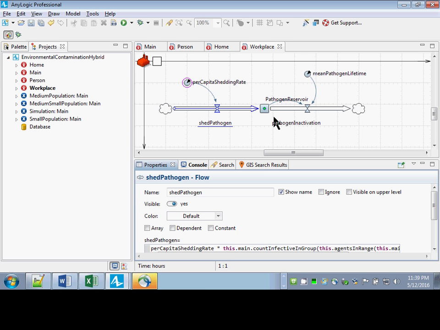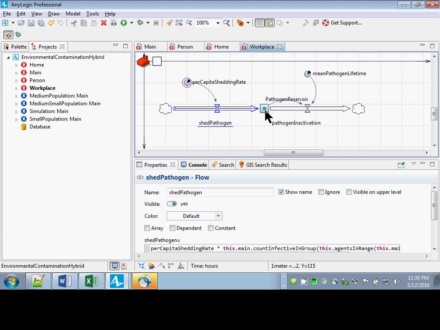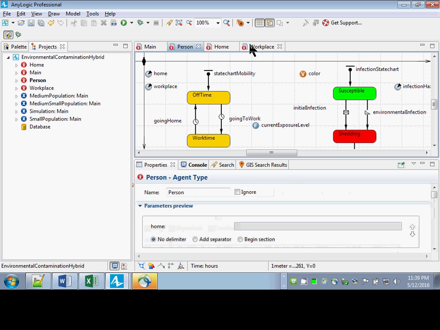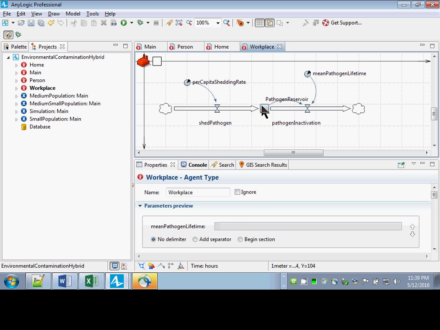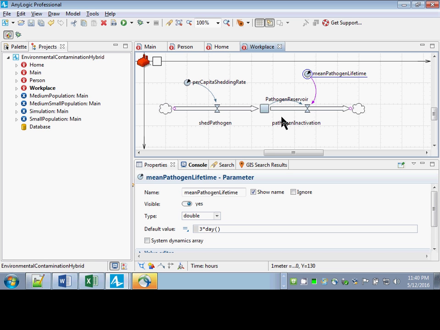So in short, there's a pathogen reservoir at the workplace, and for each person around there who's infected, in the shedding state, those persons will be shedding into this pathogen reservoir, and then there's some level of pathogen die-out. It's kind of associated with some half-life of pathogen inactivation. But this mean pathogen lifetime is a little bit different from that by a factor of natural log of 2. But its point is there's some pathogen that dies out in the workplace.